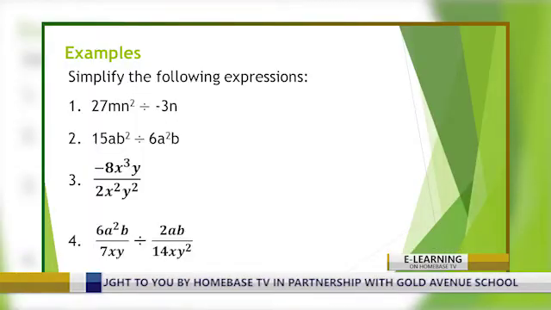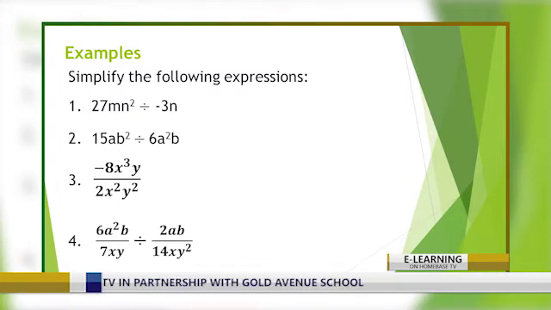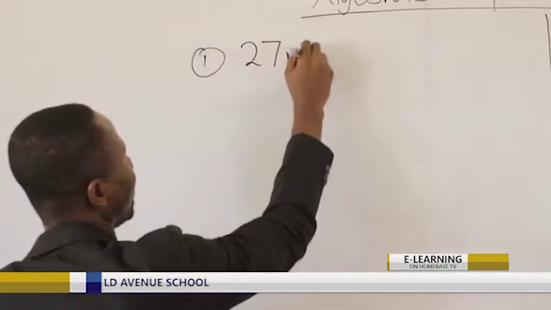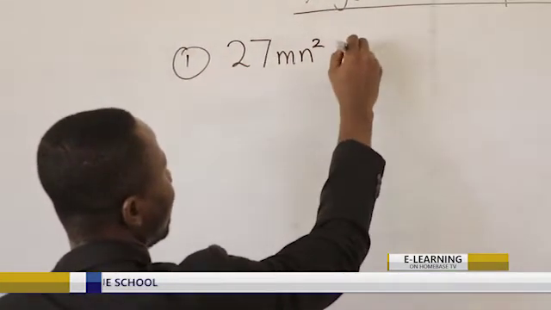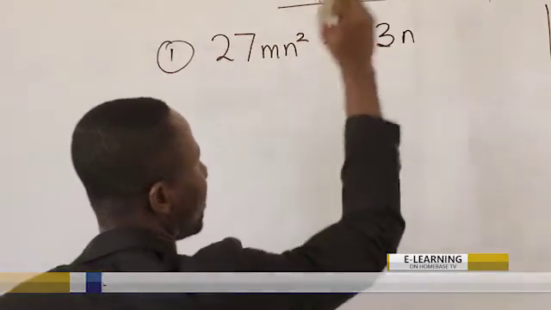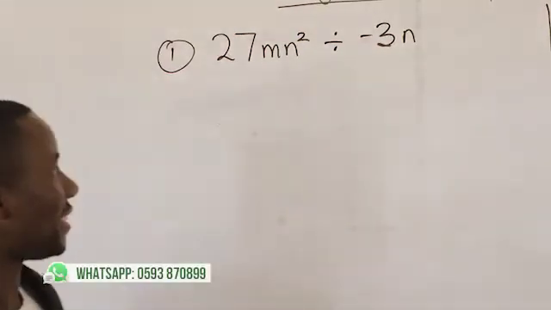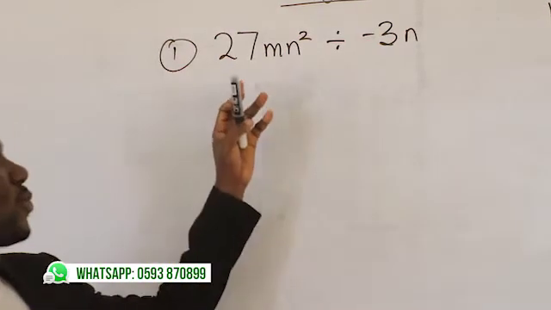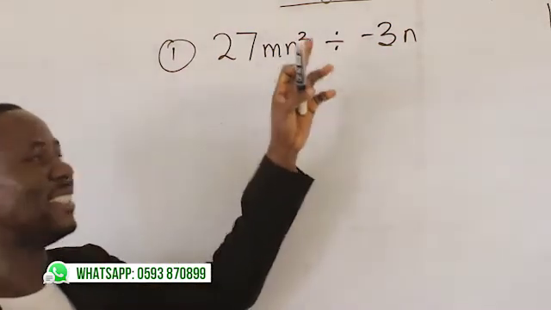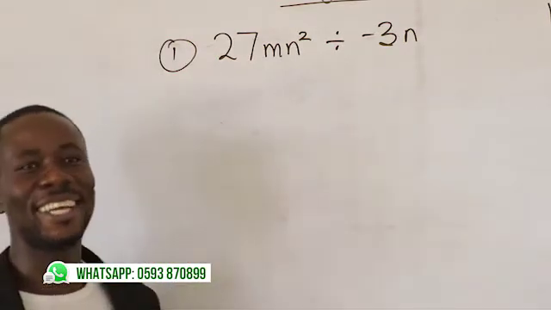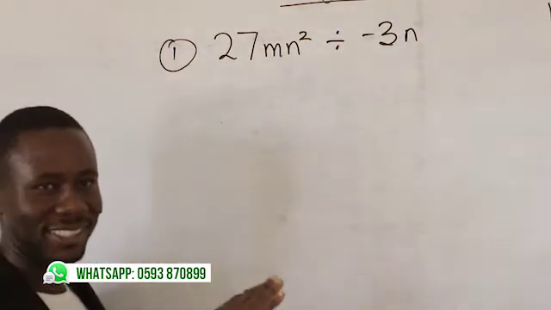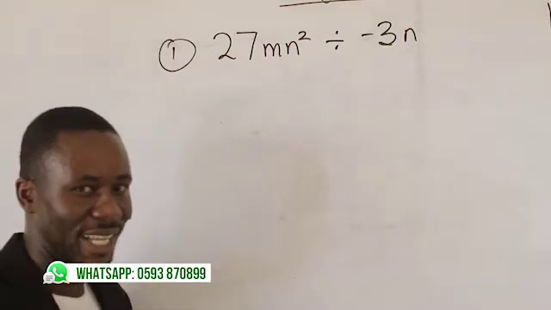So the first example, we have 27mn squared divided by negative 3n. You can easily solve this by dealing with the property I gave you.